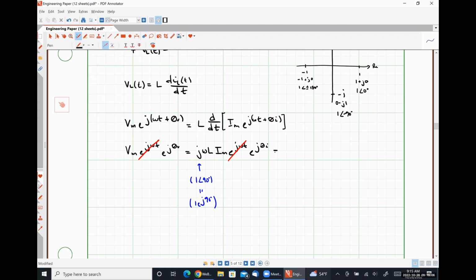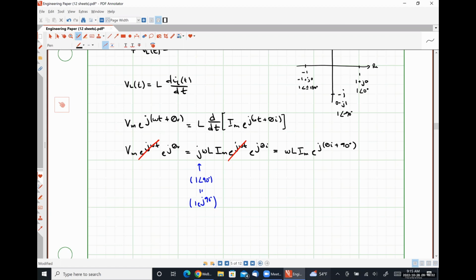So I could rewrite this bit over here as omega L Im e to the j theta I plus 90 degrees. So multiplying by j means we introduce a positive 90-degree phase shift.